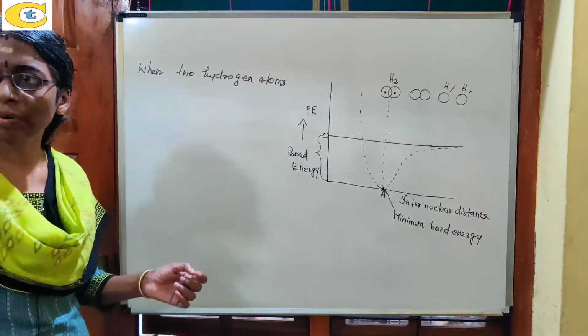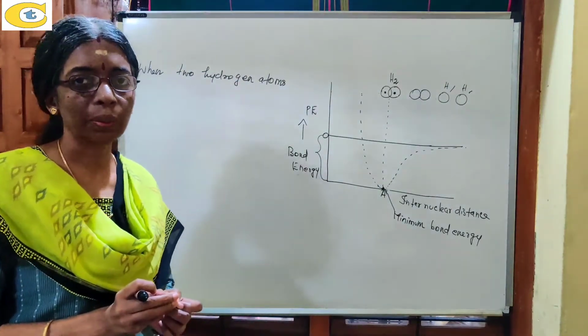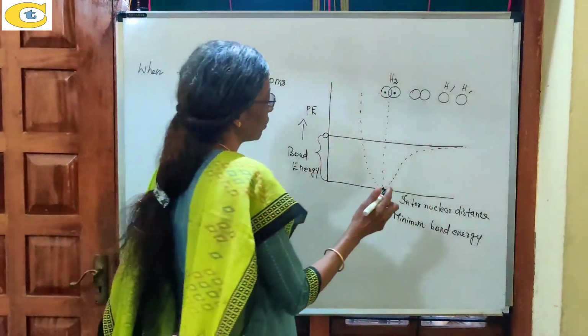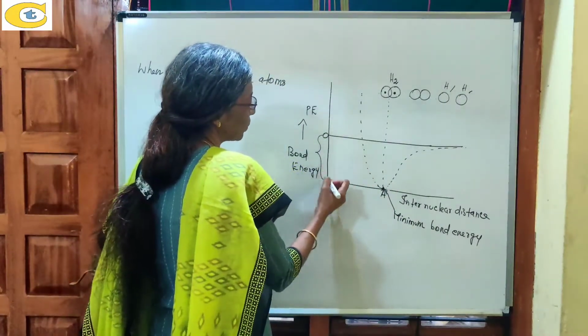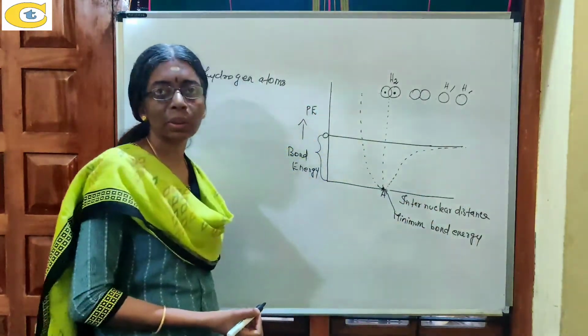When they are far away from each other, there is no attractive force. In the graph, this is 0, here negative, this is positive. So almost the potential energy is 0.